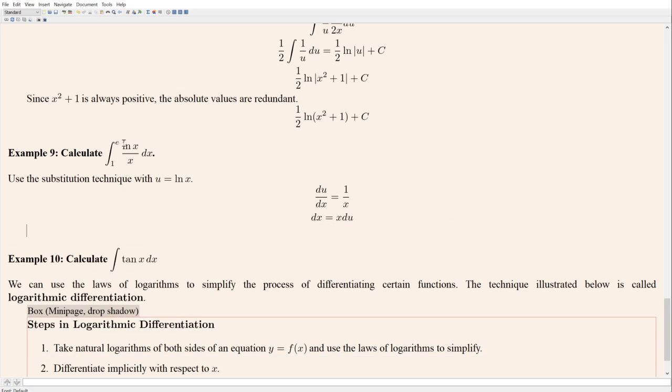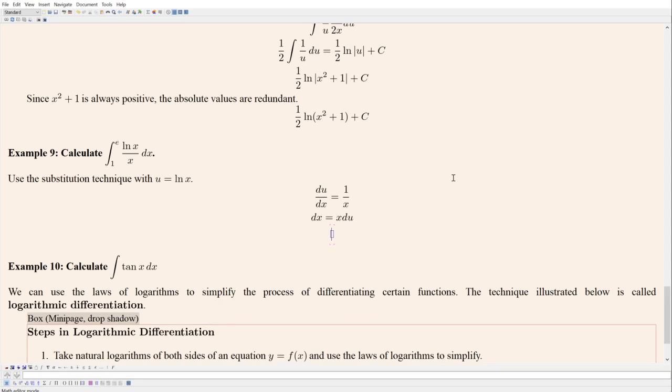And this is a definite integral. So if you're doing the substitution technique with a definite integral, you have to change the bounds to reflect the substitution. So when x is equal to 1, that means u is equal to the natural log of 1, and the natural log of 1 is 0.